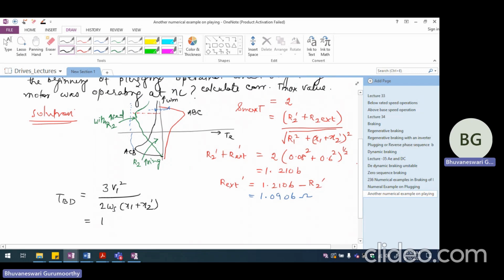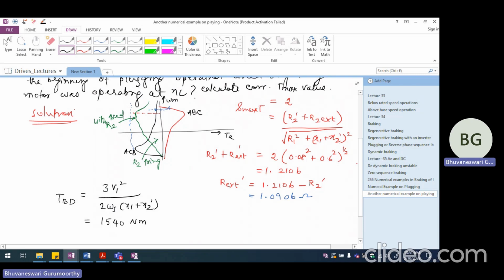This comes out to be about 1540 Newton meter. So this is the breakdown torque that we have got in this particular case. Okay.